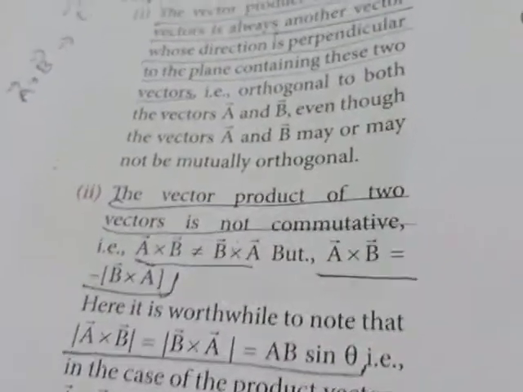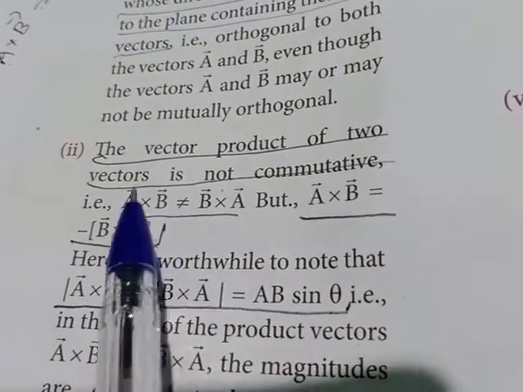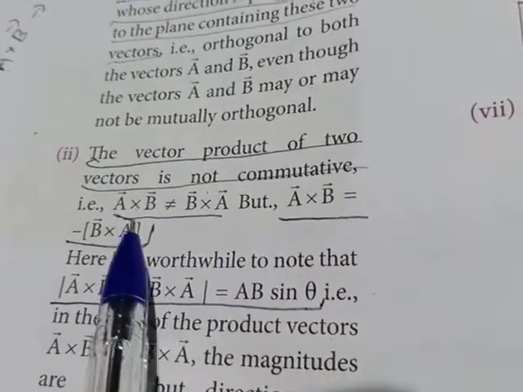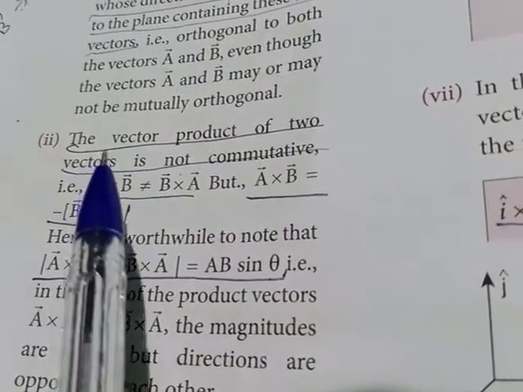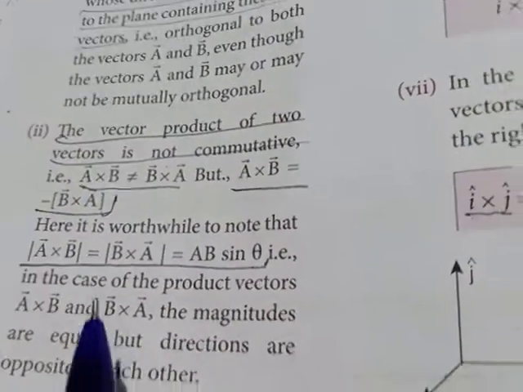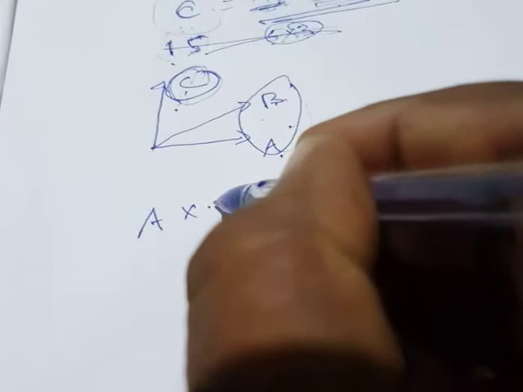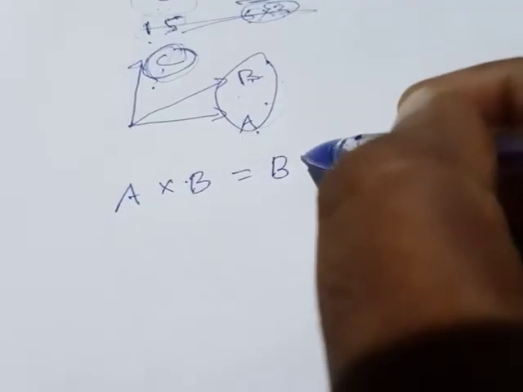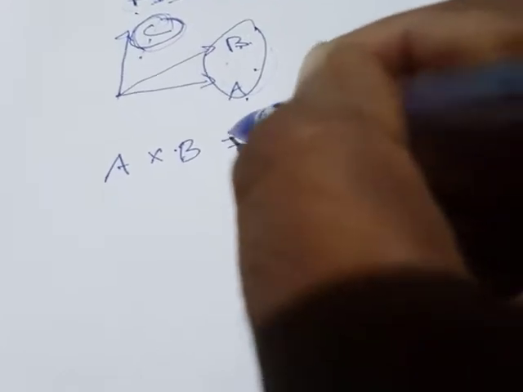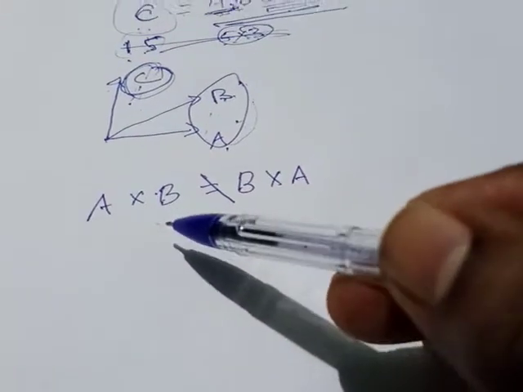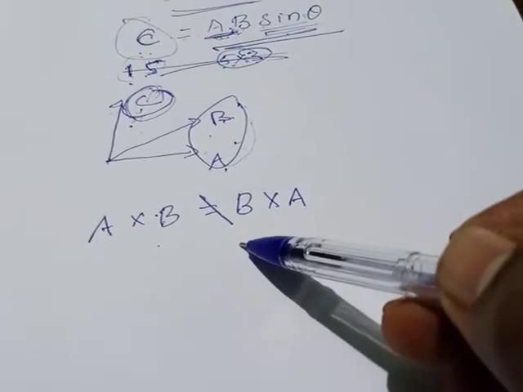The second one: the vector product of two vectors is not commutative. We know that commutative property means A cross B is equal to B cross A. In scalar product you have learned that the dot product is commutative, A dot B is equal to B dot A. But here A cross B is not equal to B cross A. You have to mention the vector symbol above.